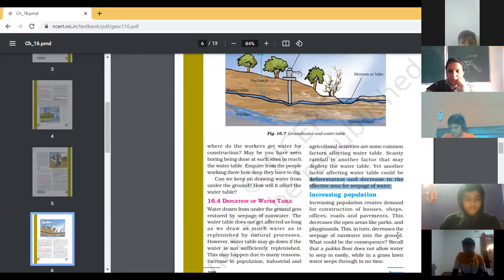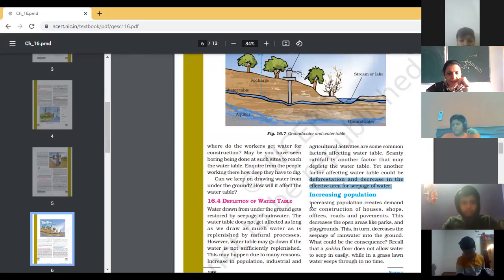This results in decreasing the seepage of rainwater into the ground. What could be the consequence? Recall that a pucca floor does not allow water to seep in easily, while in a grass lawn, water seeps through it in no time. Okay, beta.